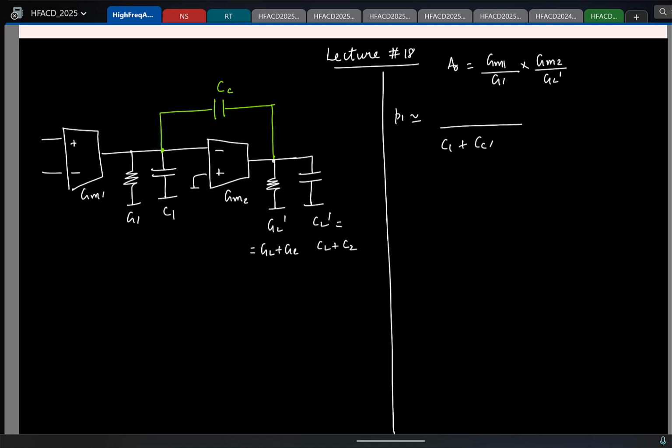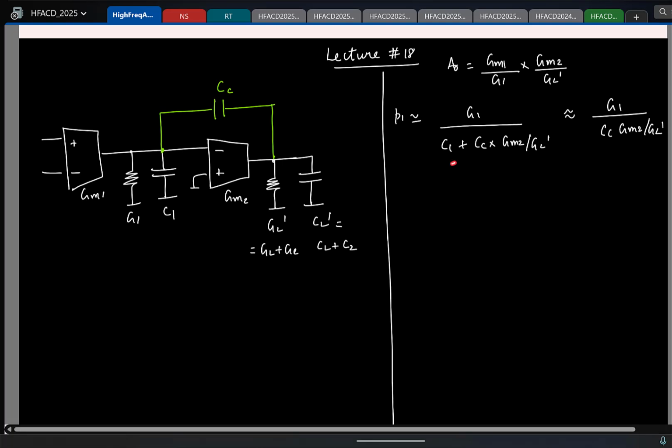C1 plus CC times, I'll just say it's GM2 by GL prime. What about the conductance at this node? Just G1. Again, for practical purposes, you can approximate this further as G1 by CC times this, right? Because the Miller multiplied capacitor, CC times GM2 by GL prime, will be much larger than the parasitic capacitor C1, so we can do it.